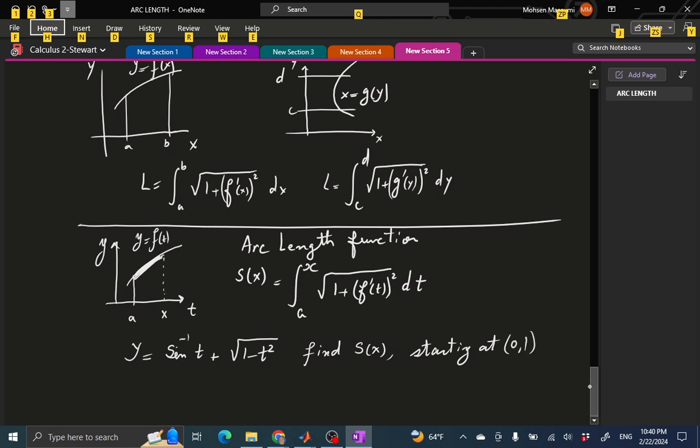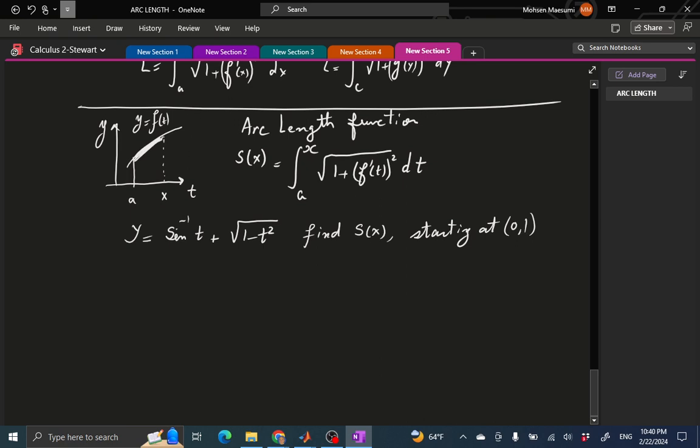Okay, so we need y prime as usual. Y prime, what's the derivative of sine inverse? The derivative of sine inverse is 1 over radical 1 minus t squared.